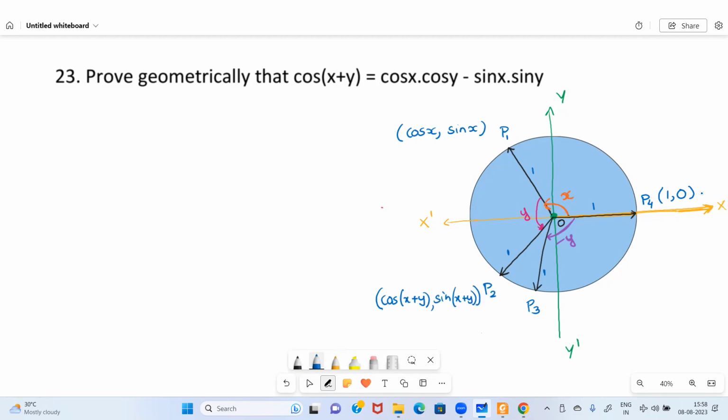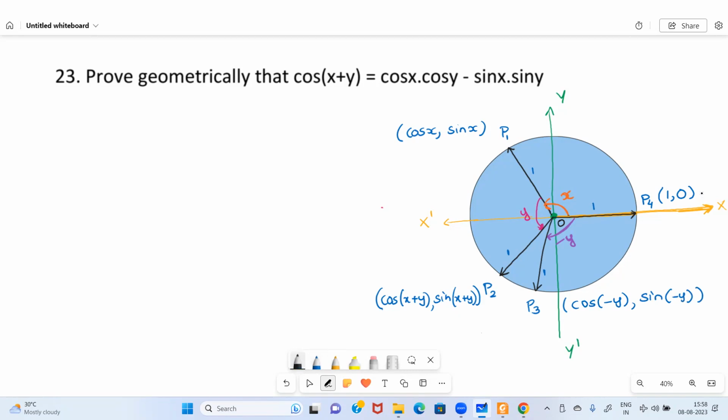All right, students. Now let's mark point P3. Because the angle is minus y, it is going to be cos of minus y, sin of minus y. We have earlier discussed the cos function and sin function.